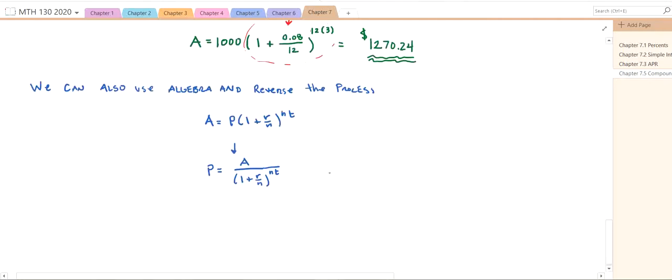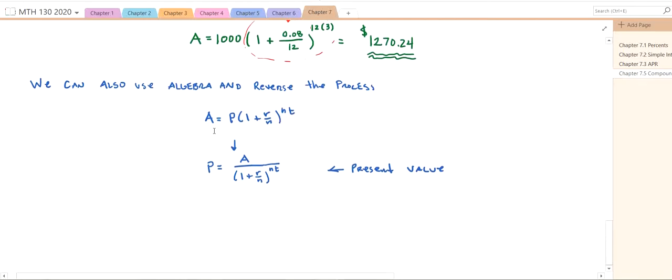This would be what we might call a present value formula. I don't think you need to memorize this. Just learn to do the algebra.